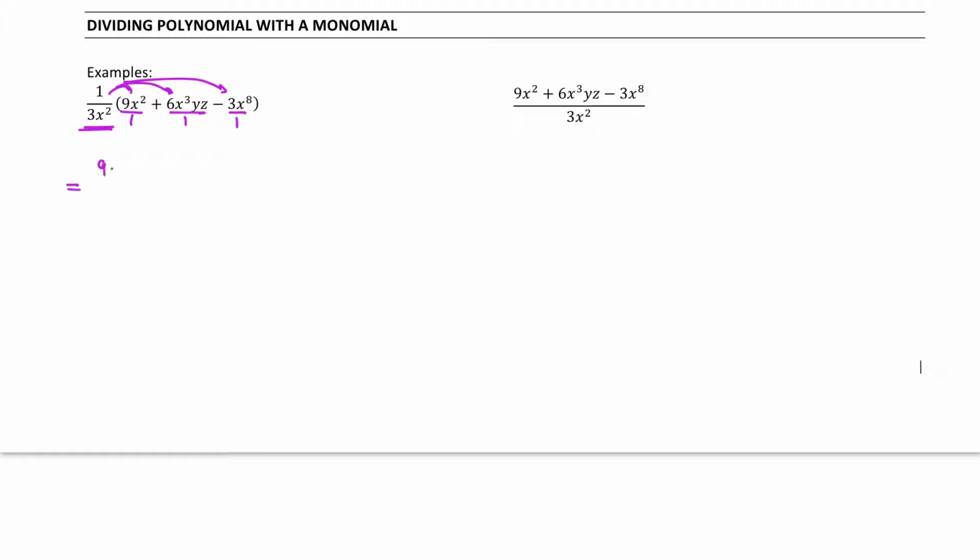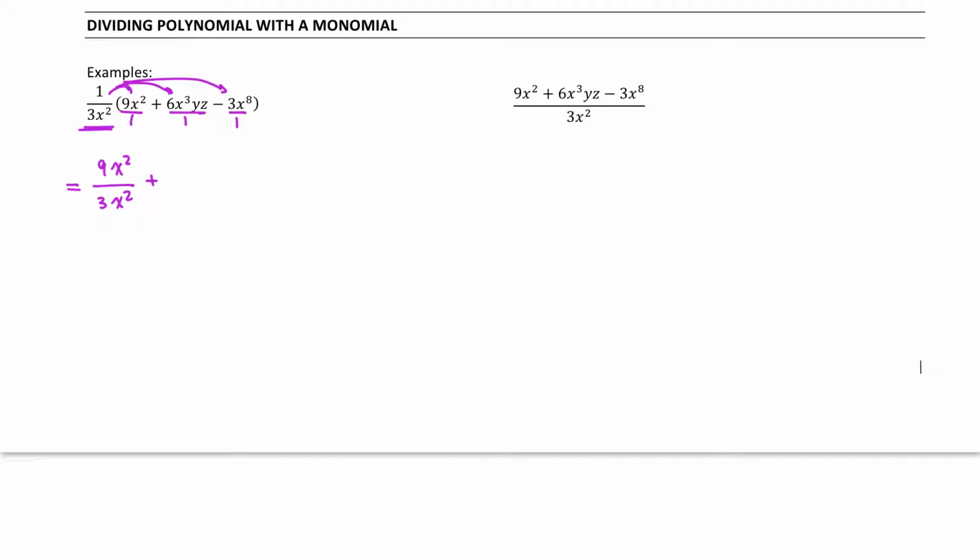So I will get 9x squared over 3x squared plus, then I am multiplying 6x cubed yz by 1 over 3x squared. So the numerators multiply, the denominators multiply.